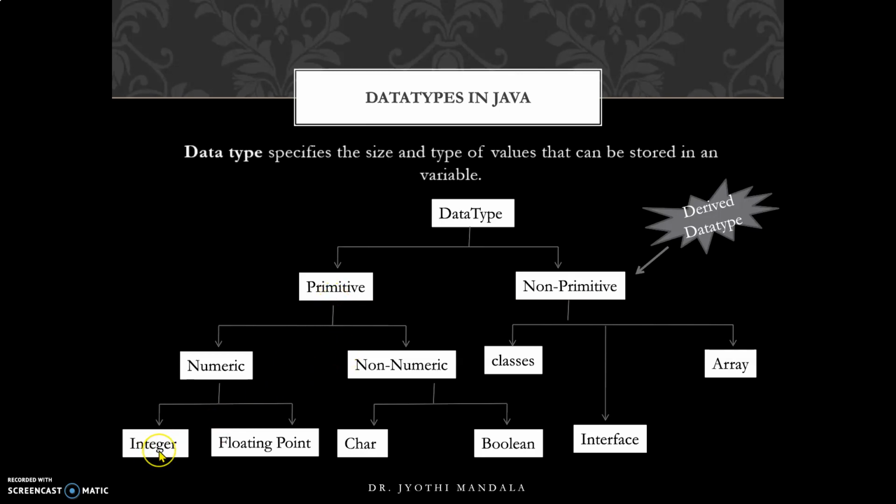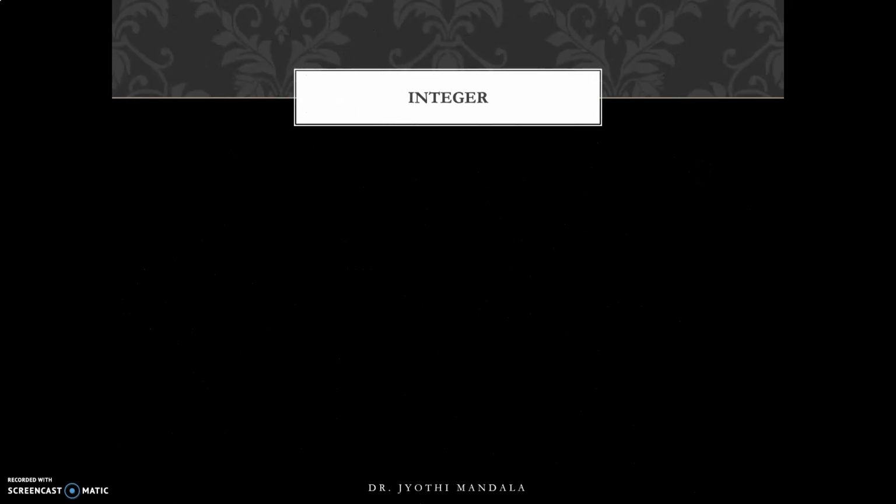Now let us start with the integer data type. What is the integer data type? The integer data type is used to store whole numbers only. We can store positive or negative numbers, but it should be a whole number. No decimal part should be there.